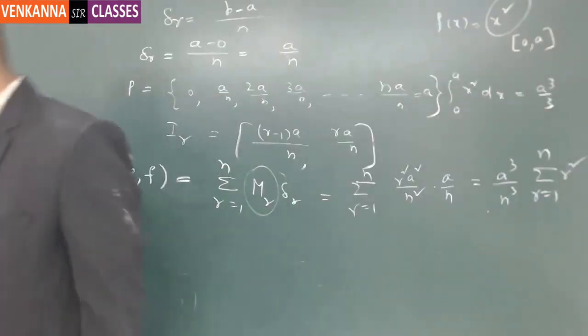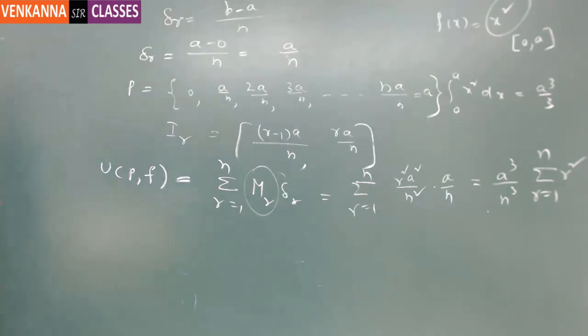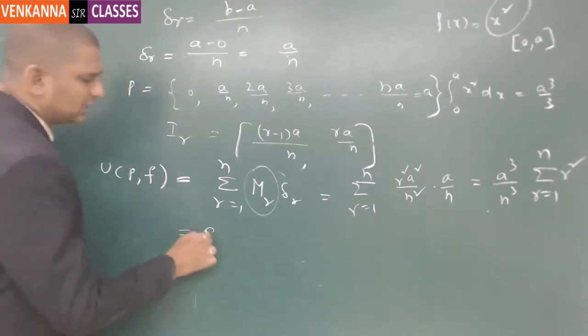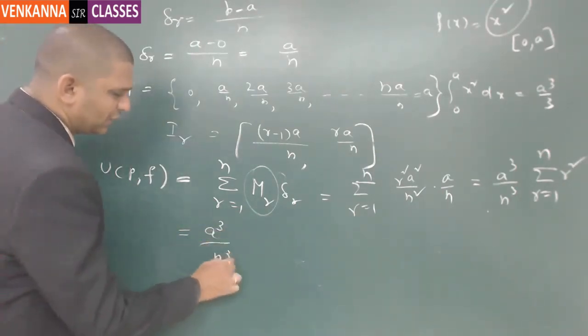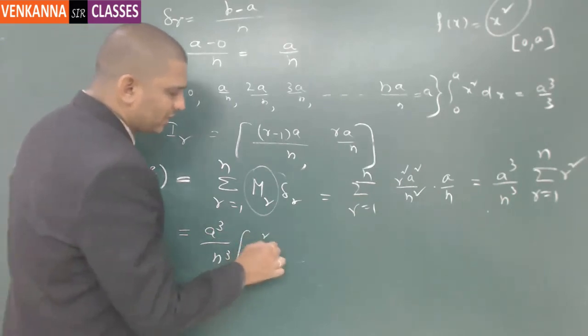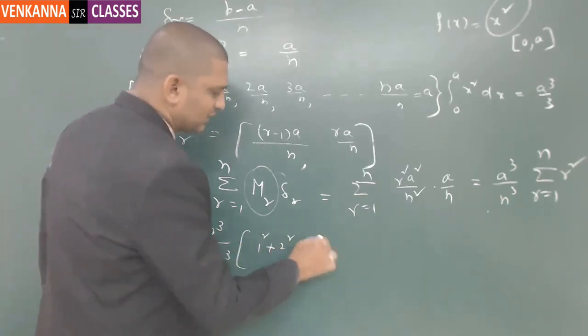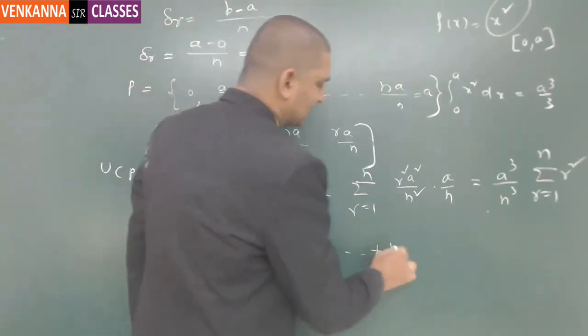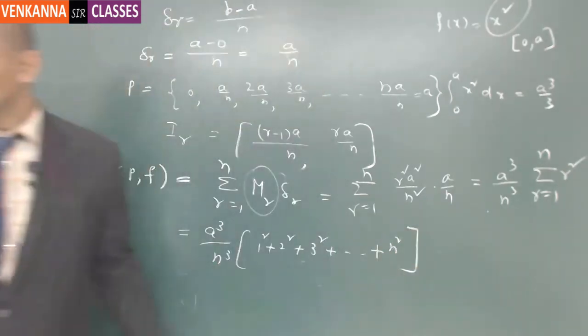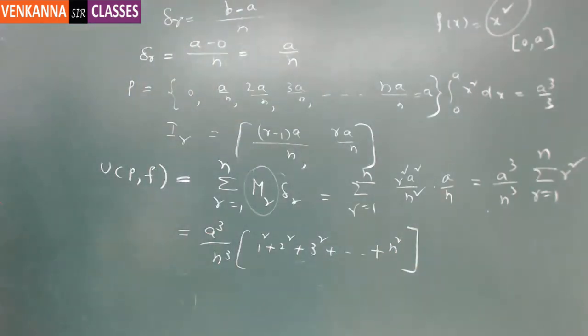Accepted? Please check. Right. So if you expand it, a cube by n cube into 1 square plus 2 square plus 3 square plus so on plus n square. So for the sum of the squares of the first n natural numbers, you have a formula: n into n plus 1 into 2n plus 1 by 6.